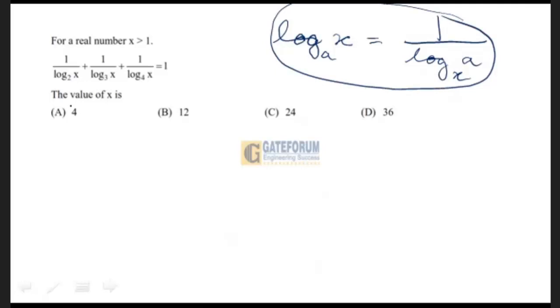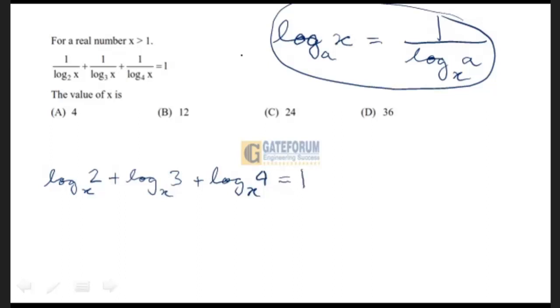So because of that, I can write log x base 2 as 1 by log 2 base x, and 1 by log 2 base x would give us log 2 base x. Similarly, the second one would become log 3 base x, and the third one would become log 4 base x, with the intermediate positive signs being there. And this must be equal to 1.